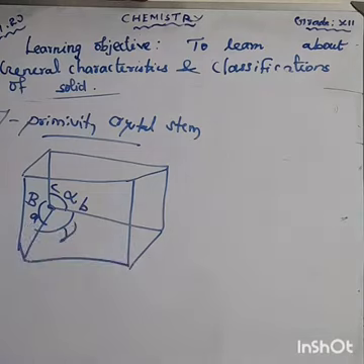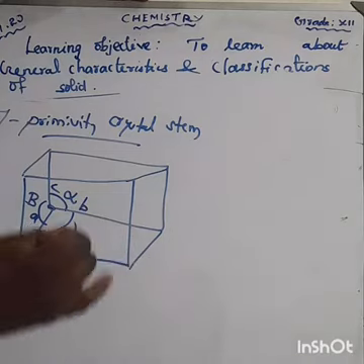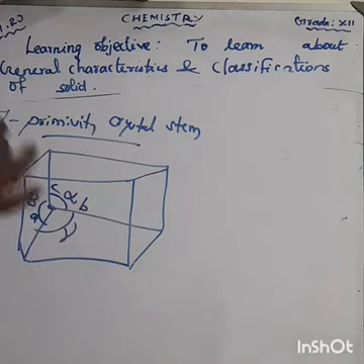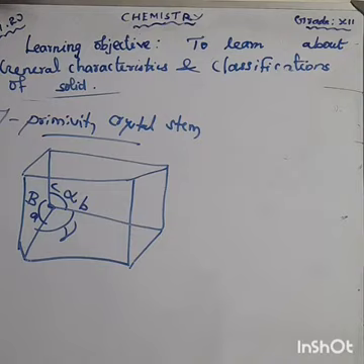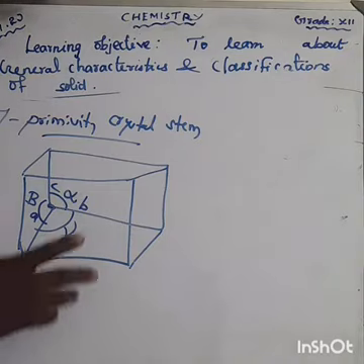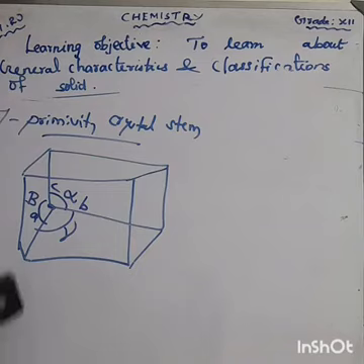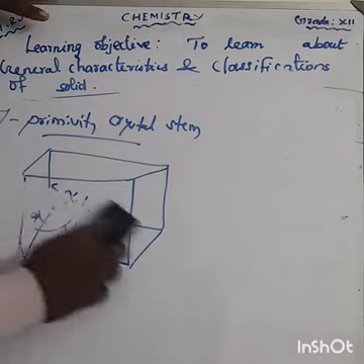Can you remember them? Cubic, rhombohedral, hexagonal, tetragonal, orthorhombic, monoclinic, and triclinic. Bravais defined 14 possible crystal systems.